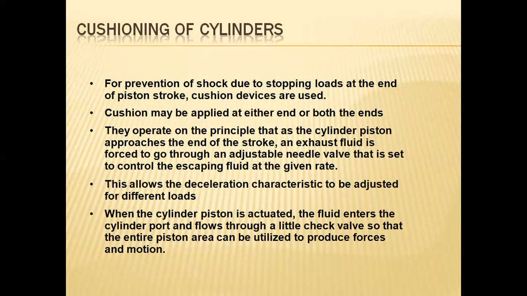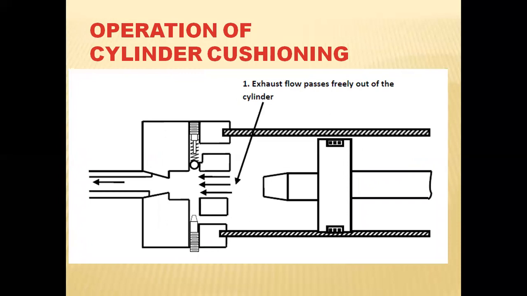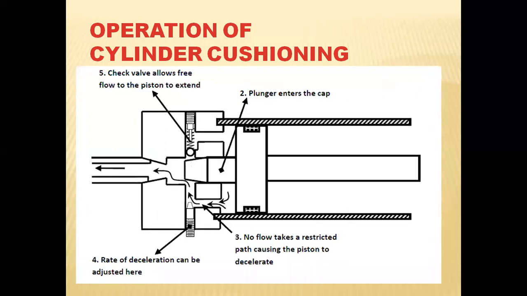This is the cushioning of cylinders. So, what is the operation of the cylinder in the case of cushioning? The exhaust flow passes freely out of the cylinder, and this cushioning leads to maximum absorbing of the pressure allocated on that particular cushioning pad due to dynamic loadings or uneven forces acting on that particular piston.